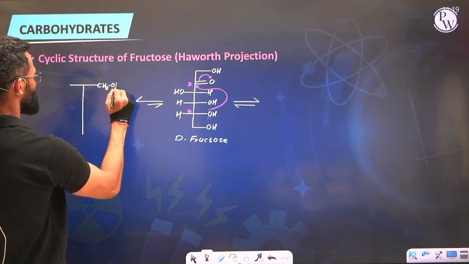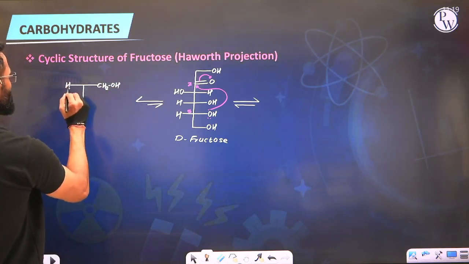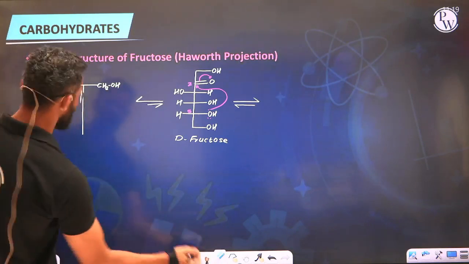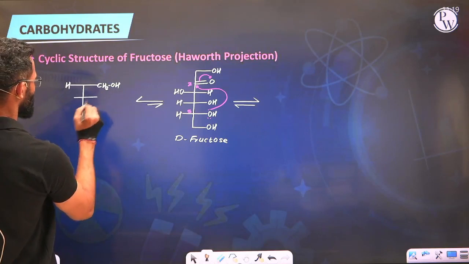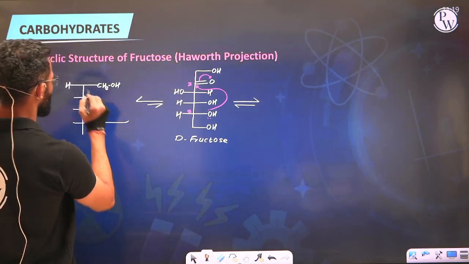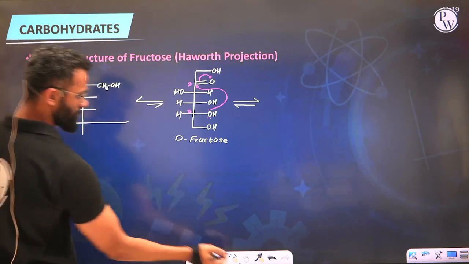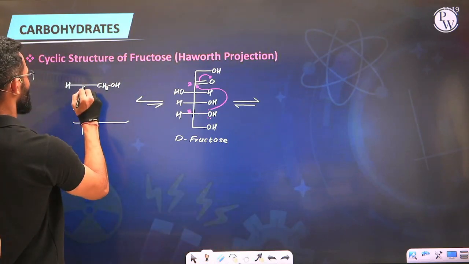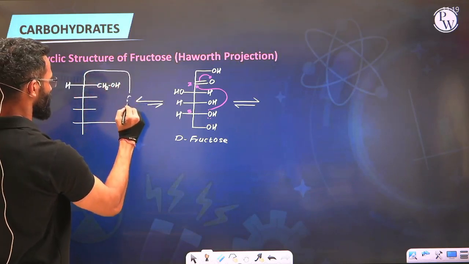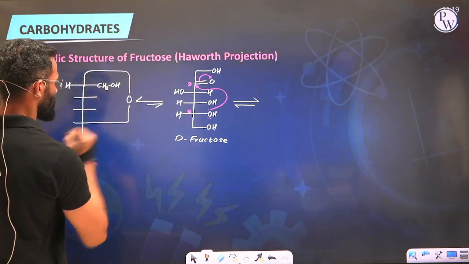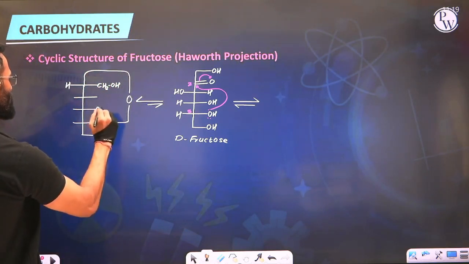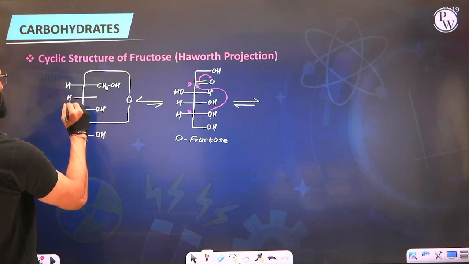So CH2OH and H. This is carbon number 3, number 4, number 5, and this is the 6th. Right, right, and left.